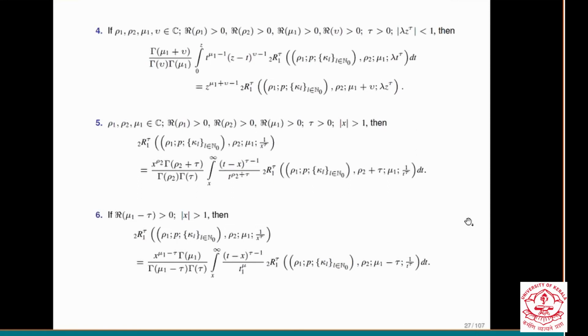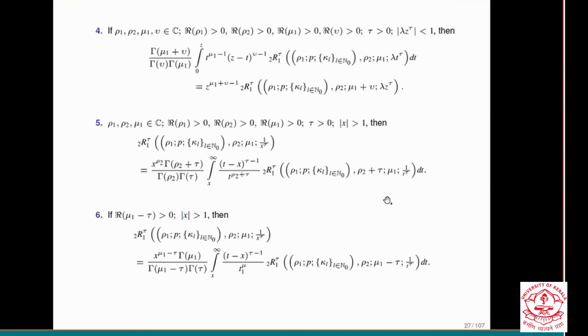Here, if you see, this property is given by 1 upon x to the power tau, under the condition that the modulus of x is greater than 1. So we have to make the balance in the sense that our series is convergent.